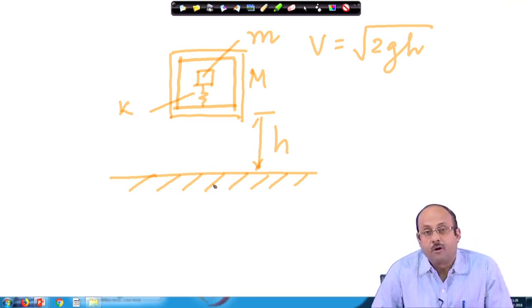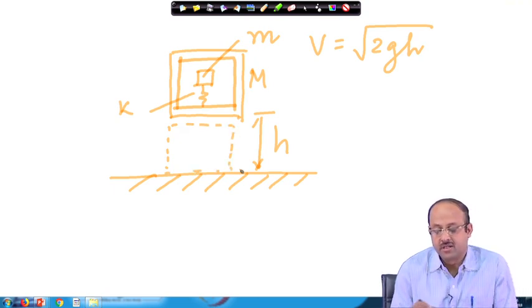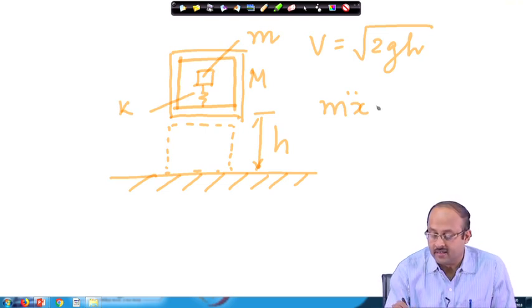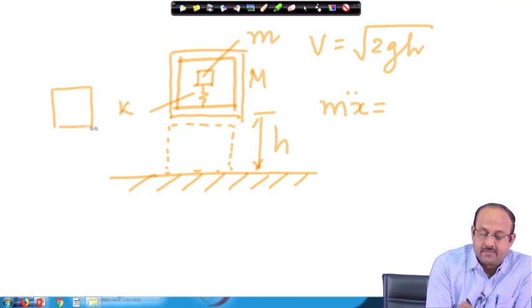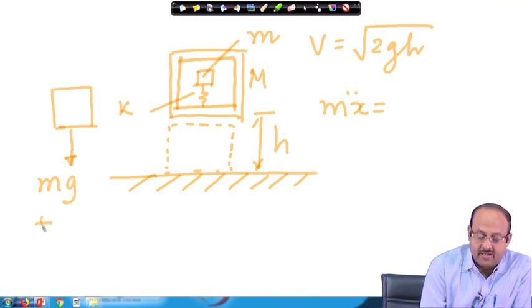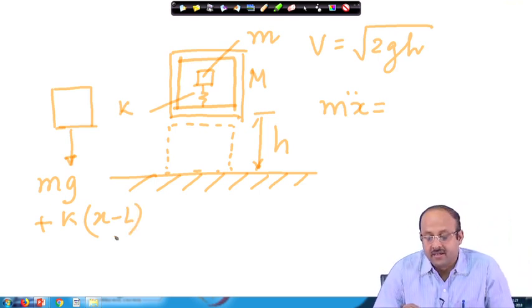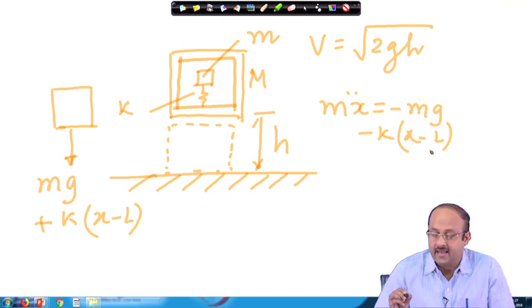Supposing that the box remains stationary when it comes to this position, the equation of motion of this mass is m x double dot, the mass times acceleration, equal to the total force. For this mass the total force is mg, the weight, plus k times x minus L, where L is the free length of the spring. So you write mg minus k times x minus L.